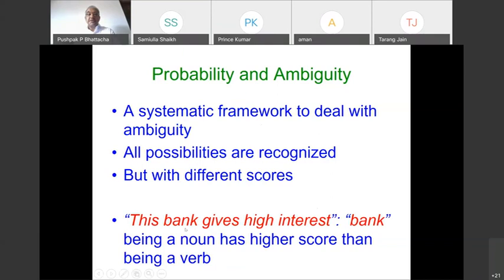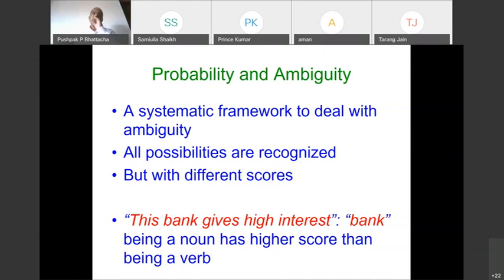In the context "this bank gives high interest," its embedding gets modified. That's what BART would do. It will give a different embedding for bank compared to the pre-trained embedding. So there is a change incorporated in the representation of the word because of the context in which it appears.